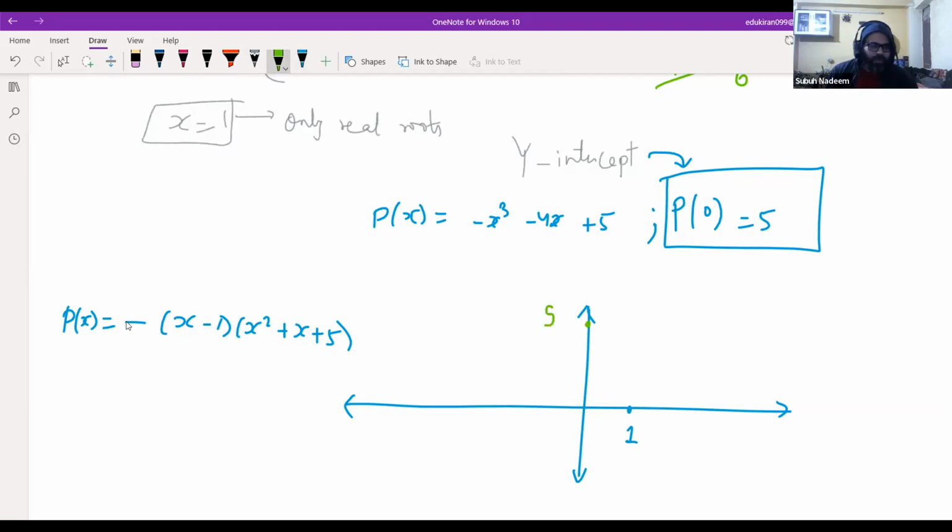Now, there is a minus outside, so it will start from negative because it is minus here, and it will be like this, that 1 is the root, and this may be something like this. The graph may be something like this.